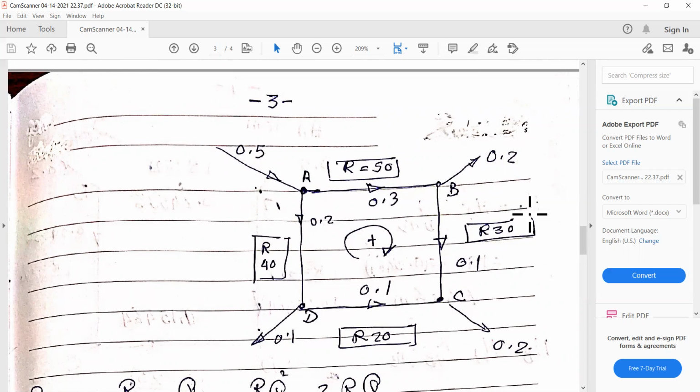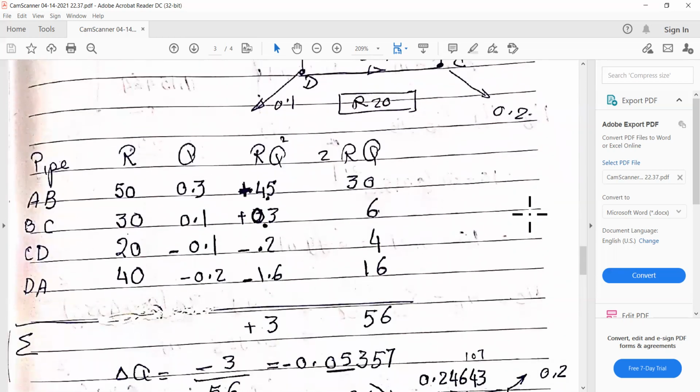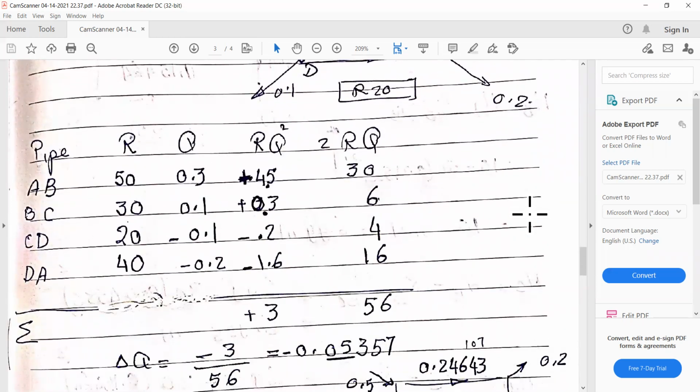Okay. Now we have this table. Pipe, the first column, the resistance, the second column, the discharge in the third column, then RQ square in the fourth column, and 2RQ in the fifth column.